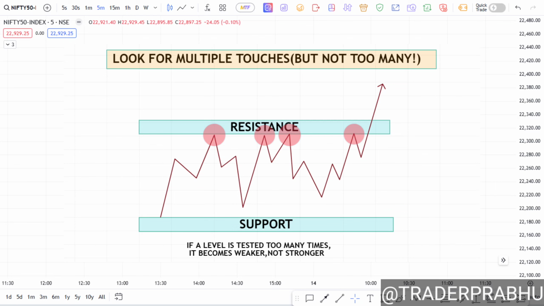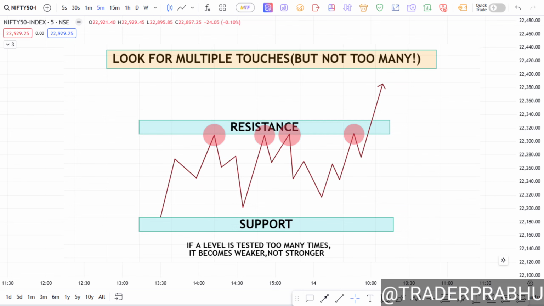If a level is tested too many times, it becomes weaker, not stronger. Let's go back to our floor and ceiling analogy. Imagine you jump on the same spot on the floor over and over. What happens? Eventually it breaks. That's exactly what happens in the market.